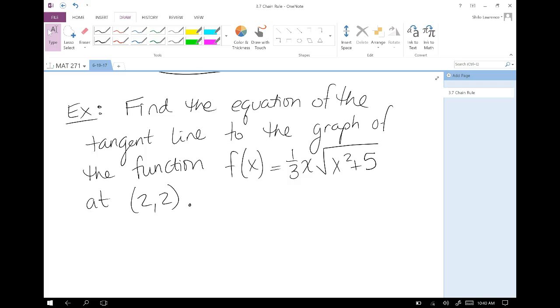It's several things multiplied together, and just one of those things is a composite. So sometimes when you know you've got to use several rules, it's hard to decide what rule to start with. You know you're going to do product rule and chain rule, but you don't know which one to start with.